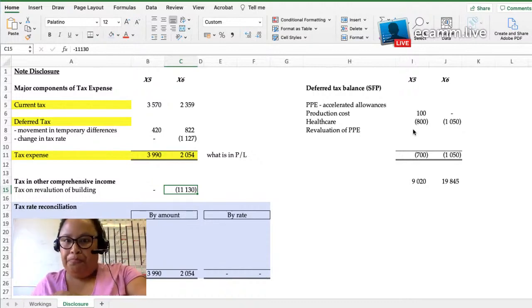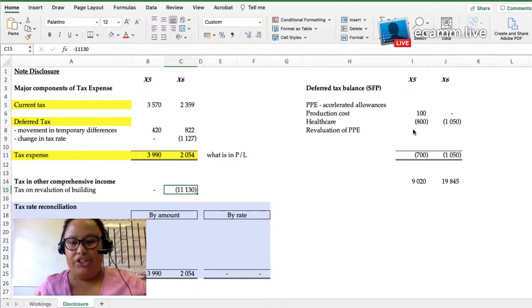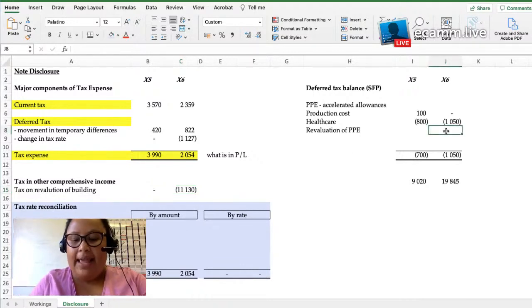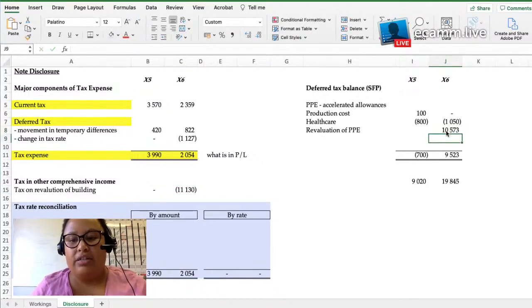Now when we disclose this revaluation of the PPE, there's one other thing we needed to take into account, and that was the fact that there was a release of the revaluation surplus. Now, I'm not going to get into that release because, of course, you don't need to know about it. But all you need to know for the purposes of this discussion is that we're going to take the 11130 minus the 557, which the question told us was released.